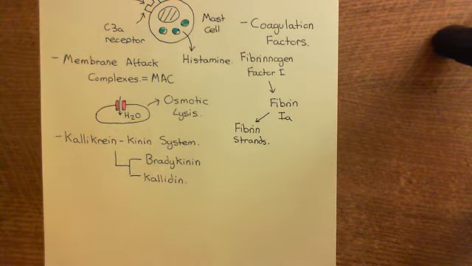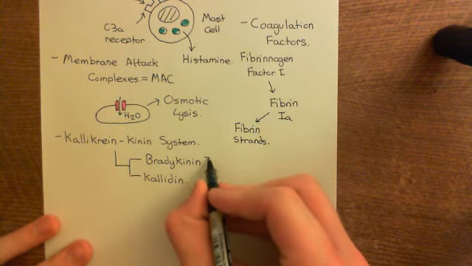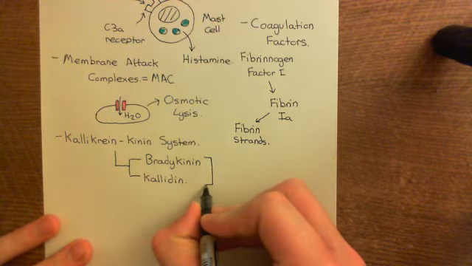So bradykinin and kallidin, what do these now do? They're being produced because of increased vascular permeability, which has brought these proteins from the blood into the interstitial fluid where they've been activated. Well, they go back to the endothelial cells.